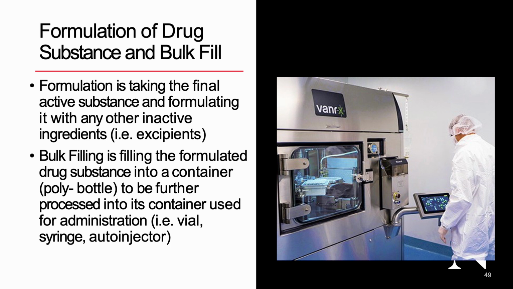It can be a polyester bottle, to be further processed into its container used for administration. So here we can talk about auto-injectors, vials or syringes, etc. And of course, in the picture on the right side of the slide, you can see one of the pieces of equipment that you can use for bulk filling.